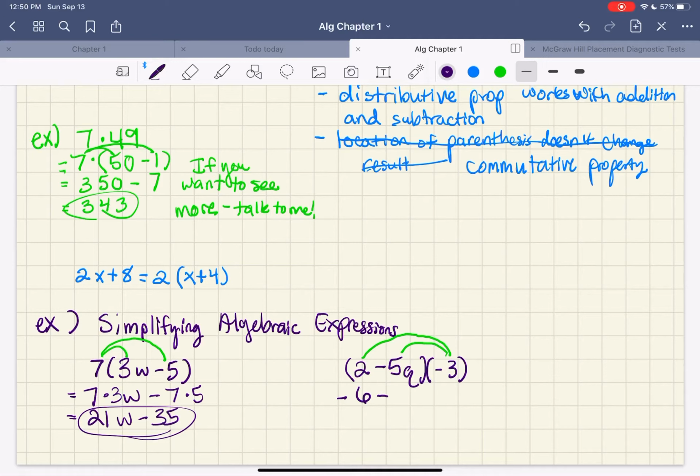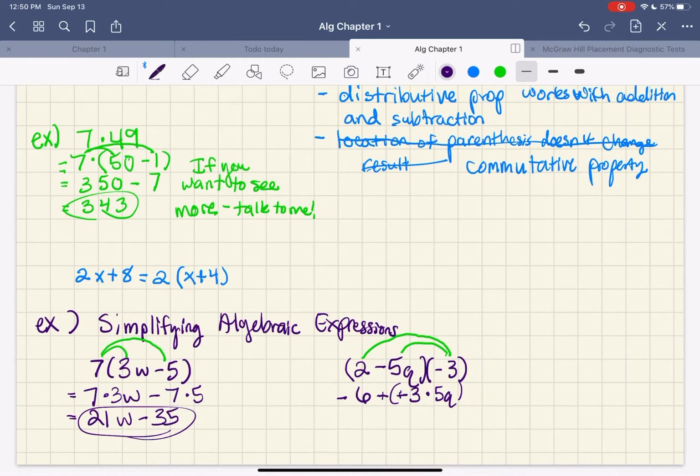And then I'm going to say minus negative 3 times 5q. Because I've got these double negatives here, that's going to actually turn into a plus.